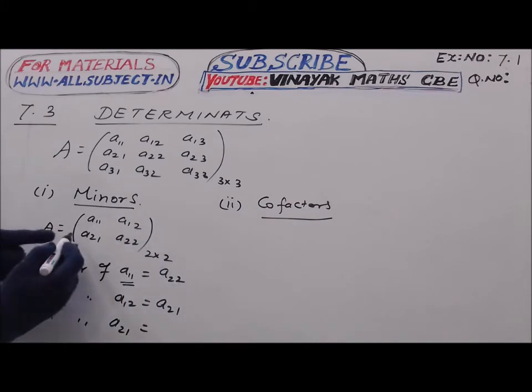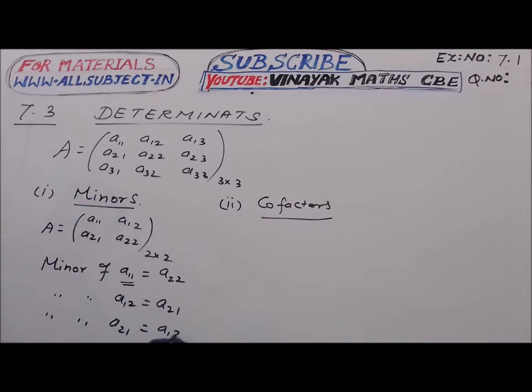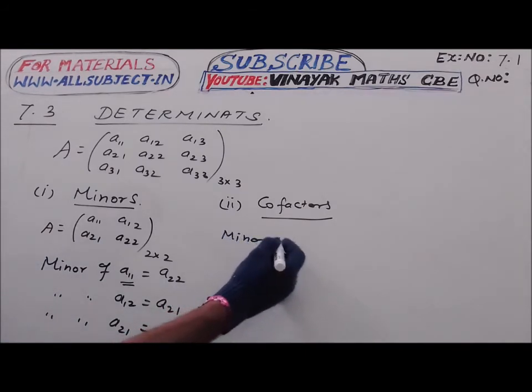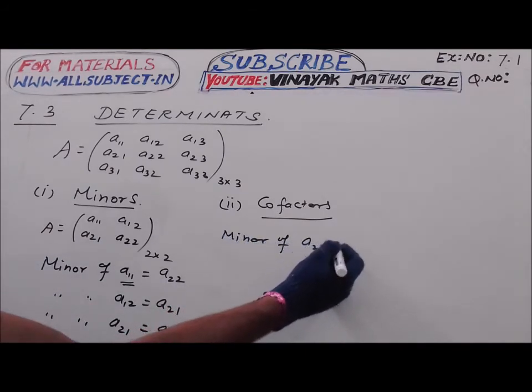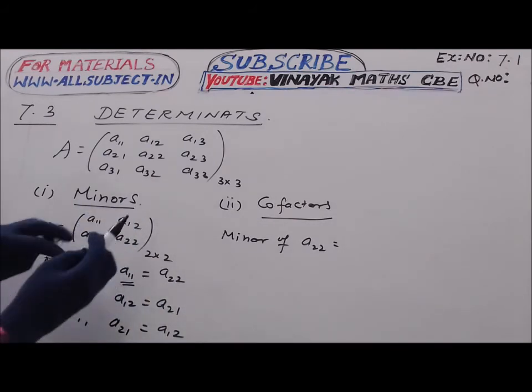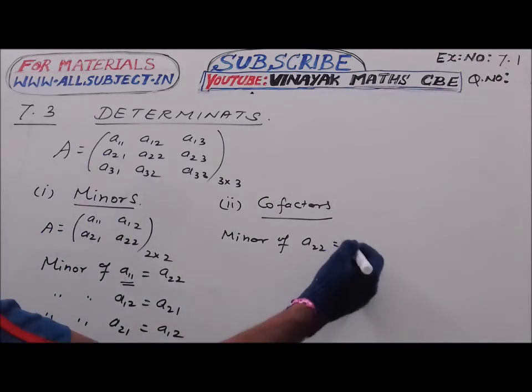So eliminating the second row and first column, A12 remains. So A12 is the minor of A21. And then we have one more element, that is A22. So the minor of A22: A22 is present in the second row, second column. So eliminating these two, we get A11. So A11 is the minor.